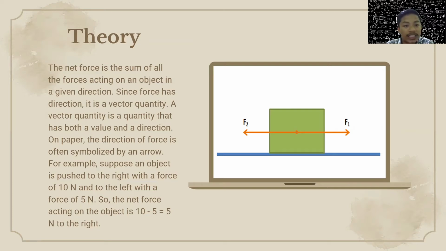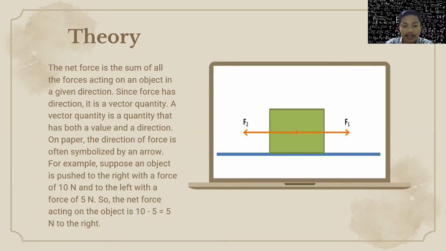The net force is the sum of all the forces acting on an object in a given direction. Since force has direction, it's a vector quantity. A vector quantity is a quantity that has both a value and a direction. The direction of force is often symbolized by an arrow.